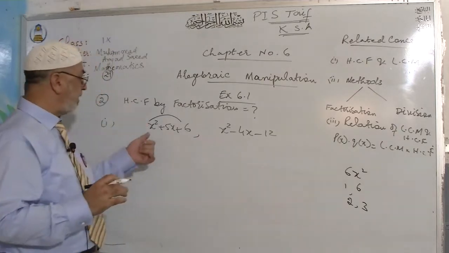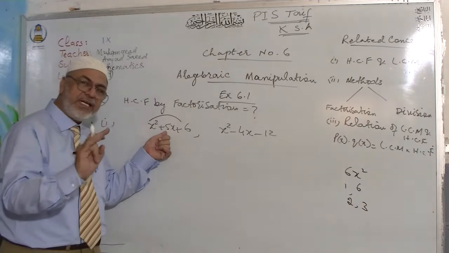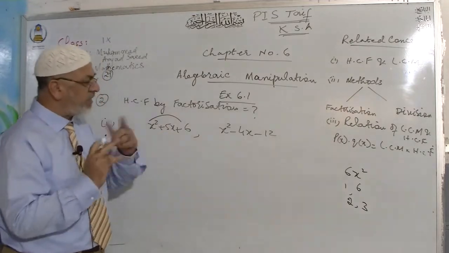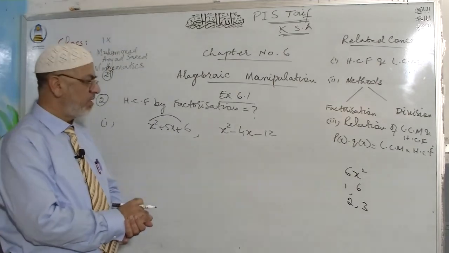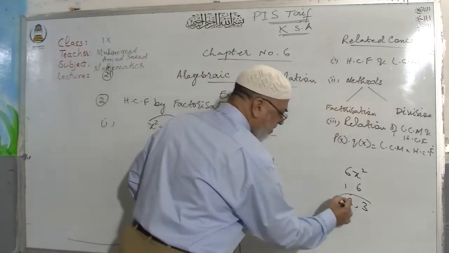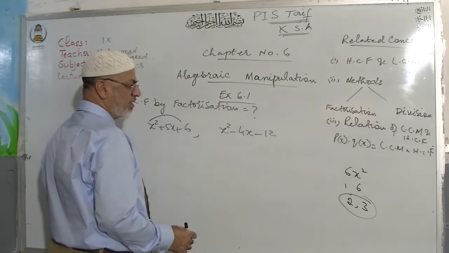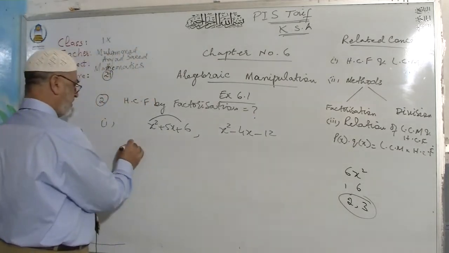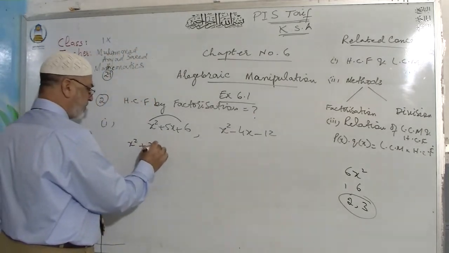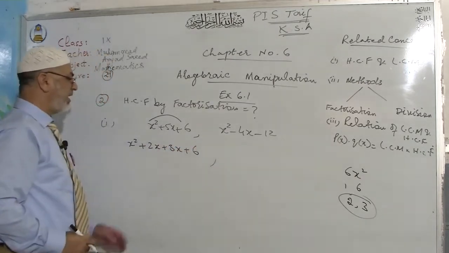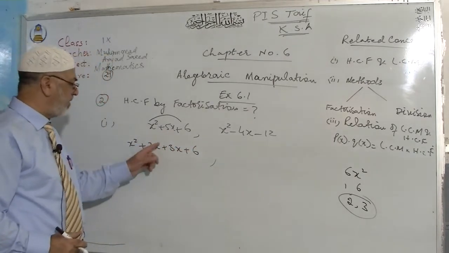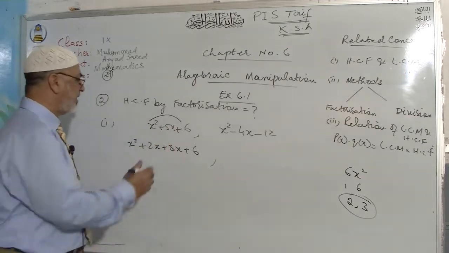So which pair is making plus 5 by adding, and after multiplying it is making plus 6? You can see this is 2 and 3. So it means x square plus 2x plus 3x plus 6. Actually I am writing down numbers. X will remain as it is.